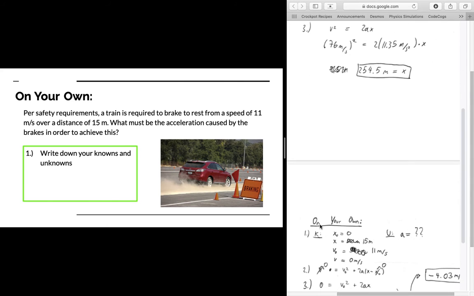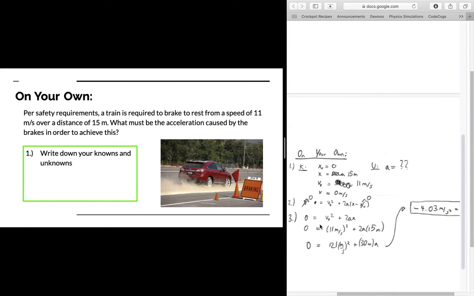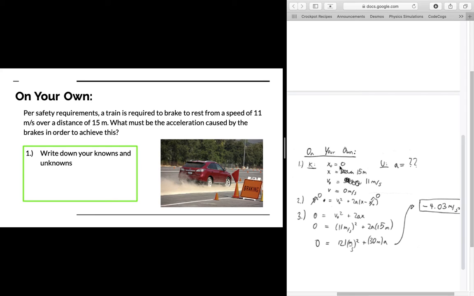One, we're going to write down our knowns and unknowns. In this case, again, we can set our initial position equal to 0. We know our final position is equal to 15 meters because that's how far we're going to travel when our car comes to rest. Our initial velocity in this case is not 0 meters per second, but rather 11 meters per second, because we're coming to rest from a speed of 11 meters per second, meaning our car is initially moving 11 meters per second, and then we're going to brake to a halt, to a stop.